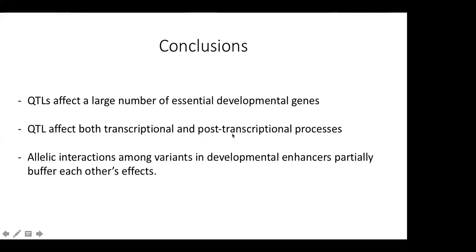We have QTLs that are affecting both transcriptional and post-transcriptional processes, those QTLs that are located in regulatory elements, and those QTLs that are located at the 3' end of the transcript. And we show also that there are some allelic interactions amongst variants in developmental enhancers that partially buffer each other's effects.